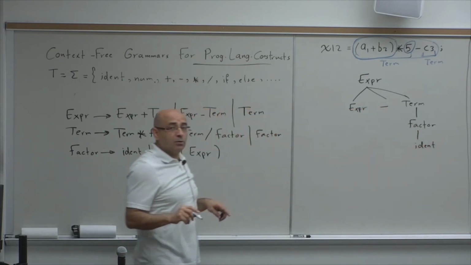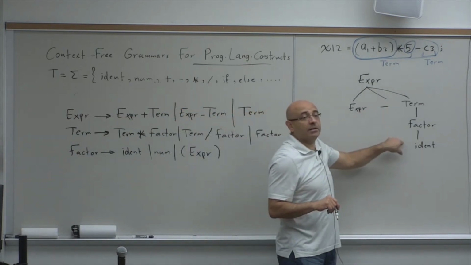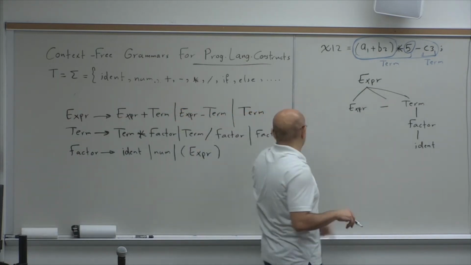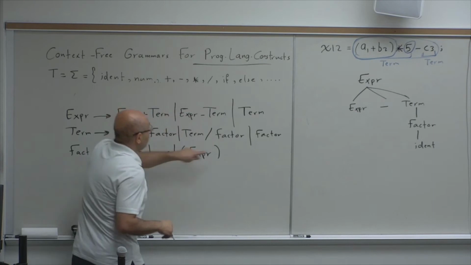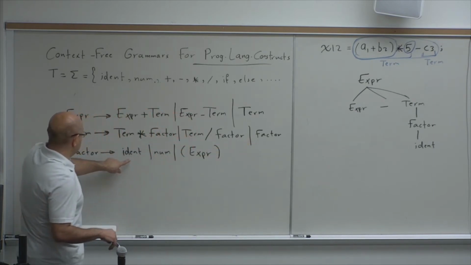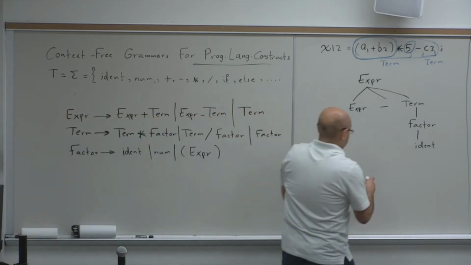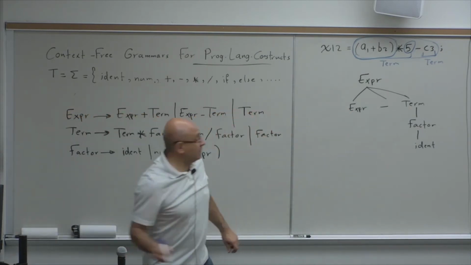Don't skip any rule when you do the derivation. Make sure that you don't go from term to identifier. Don't skip the factor, because term is a factor and the factor is identifier, number or parentheses. So this identifier is what? C3. So this is C3.